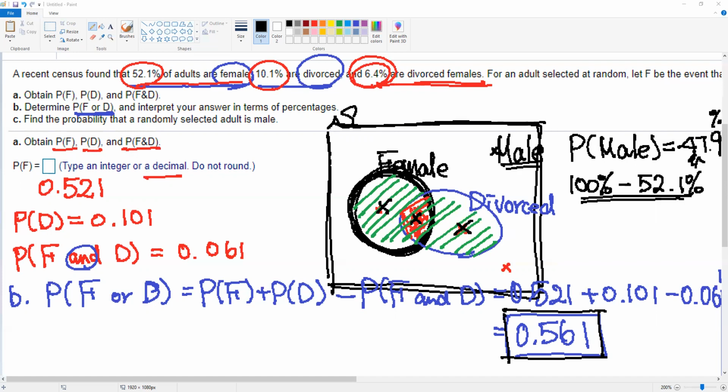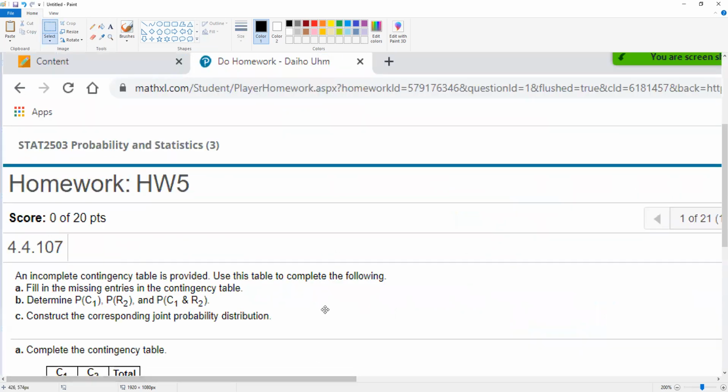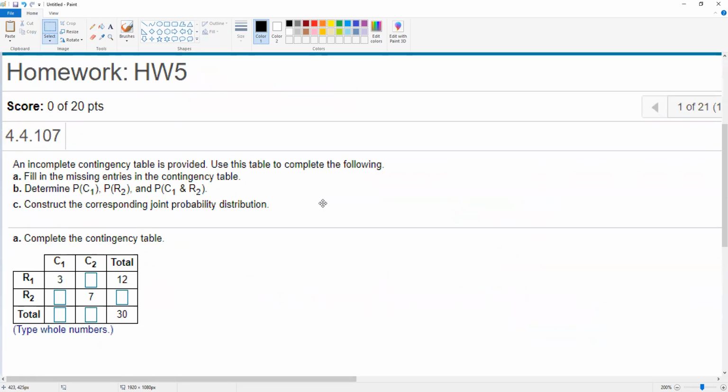Let me try the question number 1. As I told you, the homework number 5 will be due Sunday midnight. In this question, we can make the cross table, right?